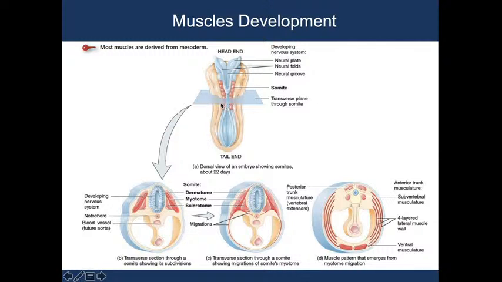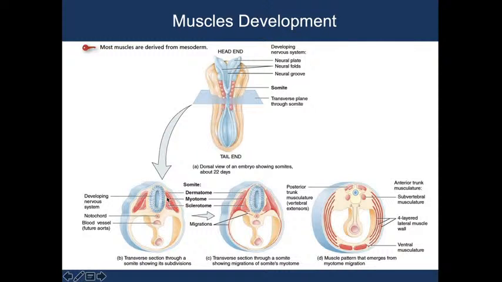That is the middle layer of the embryo. The red objects are all mesoderm, and you see that there are three parts: dermatome, myotome, and sclerotome.